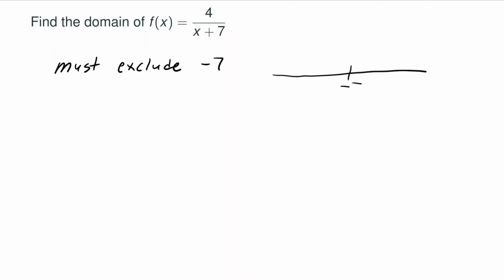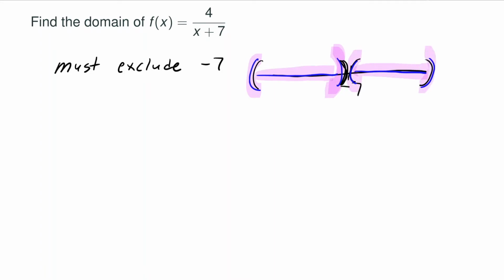Here's negative 7. Everything from negative infinity to negative 7 is fine, and greater than negative 7 is fine. So anything in this range right here is fine, and this open parenthesis is excluding, all the way up to positive infinity.